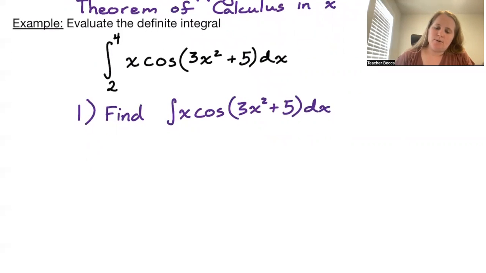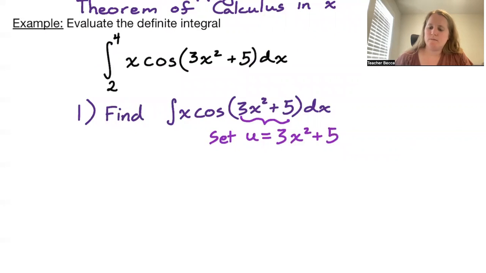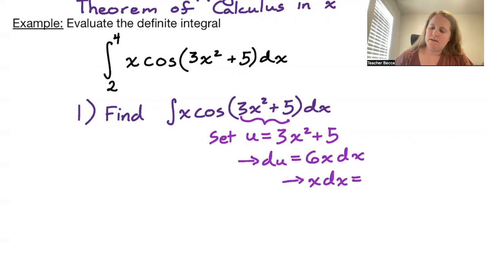For this particular problem, our inside function is 3x squared plus 5. So we'll go ahead and set u equal to 3x squared plus 5. That means that du is 6x dx, or x dx is 1/6 du.